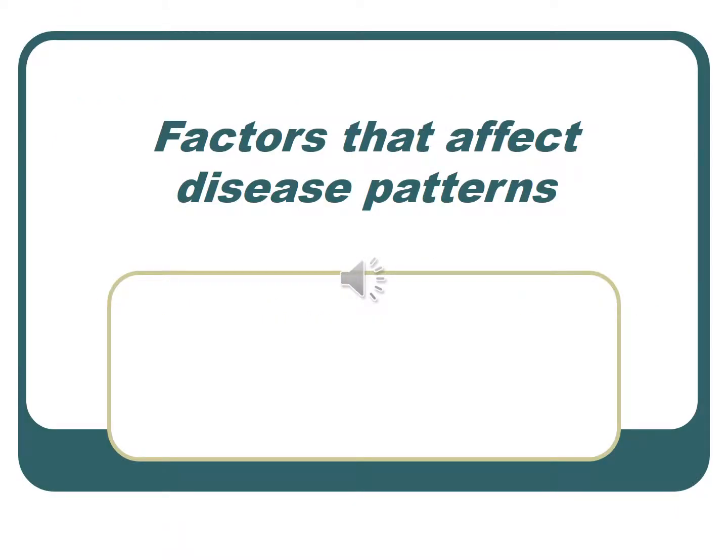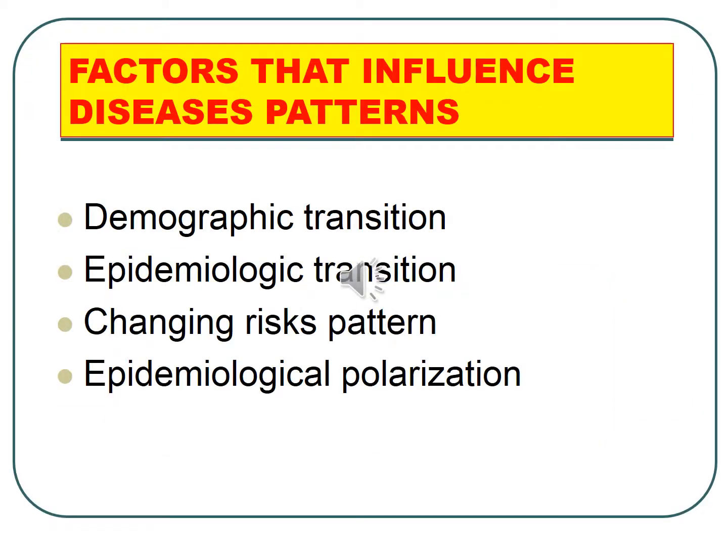Let us now explore the factors that would affect disease patterns of a population. Factors that influence disease pattern in a population include demographic transition, epidemiological transition, changing risk patterns, and epidemiological polarization.